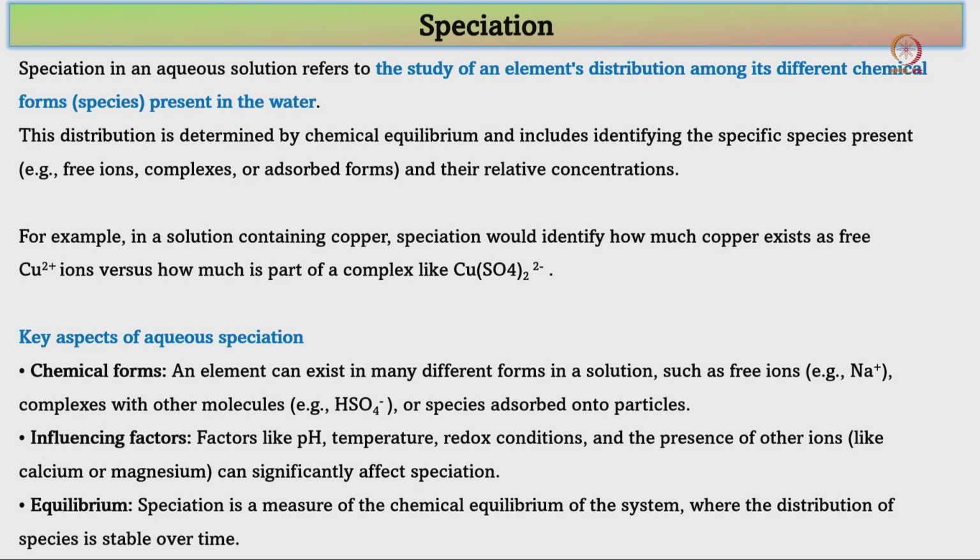You remember that we did the Eh-pH diagram, and we said that beyond this pH we are not going to find this species, it will turn into another species, and that will be the more stable species in that stability area. Okay. So, it can change with redox, with pH value, with temperature, and with the presence of other ions.